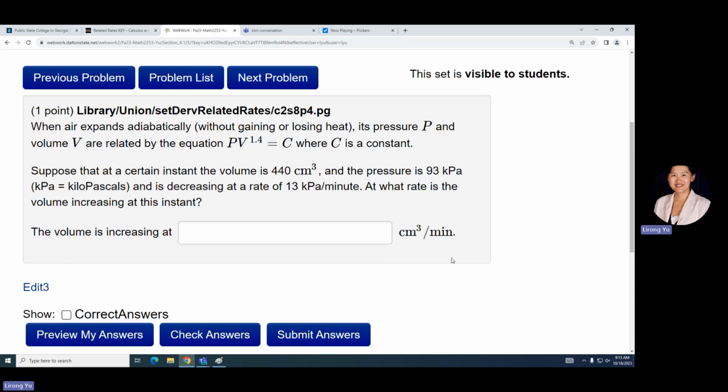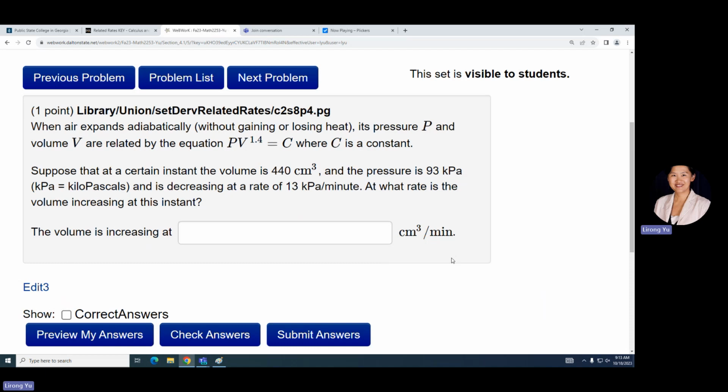So here, suppose at this first instance the volume V is 440. The pressure, which is P, is 93. And the pressure is decreasing at a rate of 13 kPa per minute. At what rate is the volume increasing?